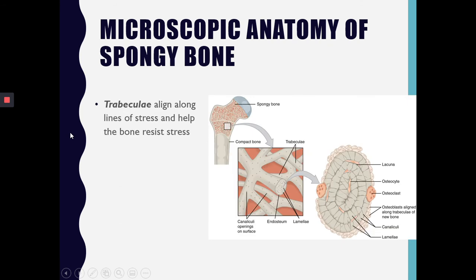Alright, so as we continue to talk about the microscopic anatomy of bone, we now get a chance to talk about a really unique area that we call trabeculae. And you'll hear this term in other places as well. This trabeculae has a lot of indentations, and these help set up an internal network inside bone tissue that allows your bone tissue to resist stress.